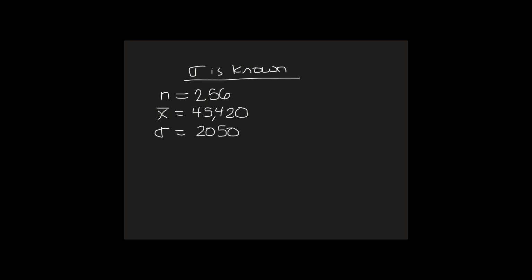For number one, it says, what is the population mean? Bottom line is we don't know what the population mean is. However, our best approximation for the population mean is in fact the sample mean. So we'll use that approximation to be 45,420.